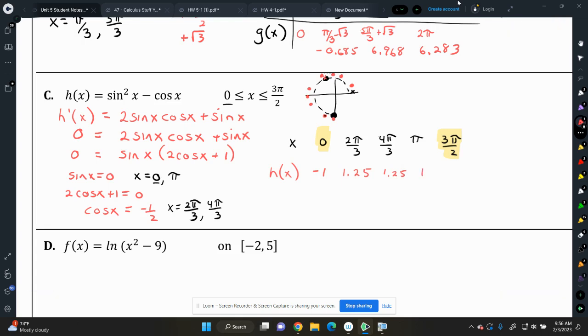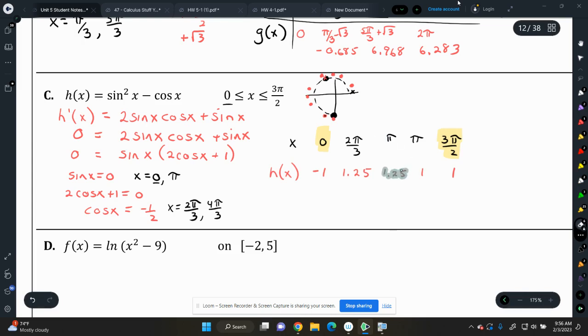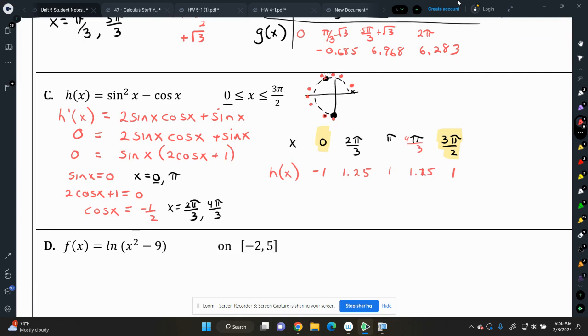And at 3 pi over 2, we're looking at 1. Do those values make sense? See, this is where I made a mistake. I didn't put them in order. Let me put them in order because then they'll make sense. This is going to be 4 pi over 3 right here. So this is 1 and then 1.25. Do those values make sense?